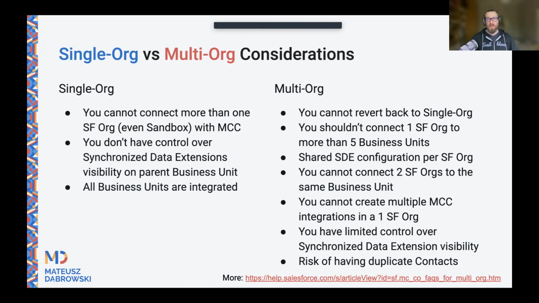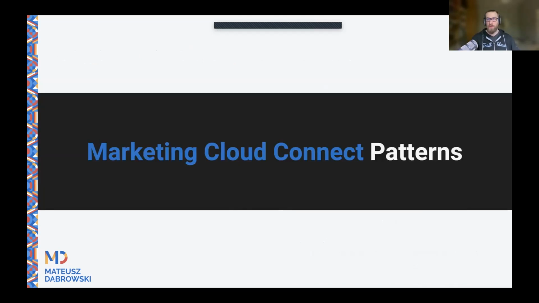The custom subscription center or preference center is recommended for the multi-org. So there are some other things that you also should consider, but the list is quite long. So I focused only on the most important ones and those that are in many cases not known that well when someone is thinking about the integration. So let's jump to the patterns.